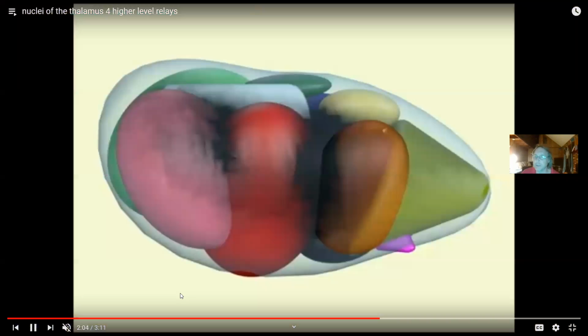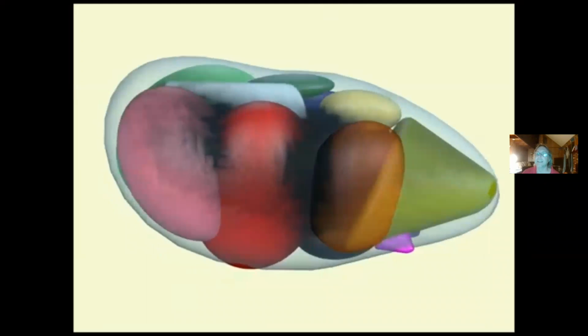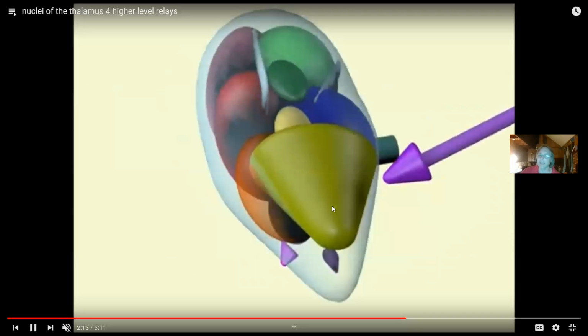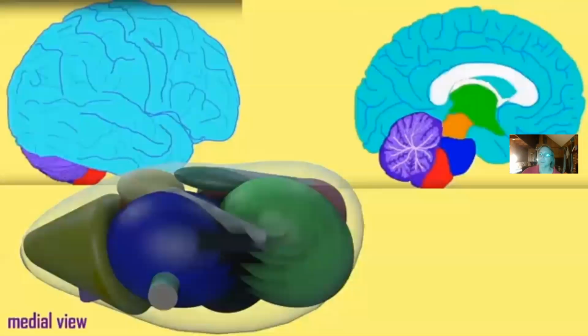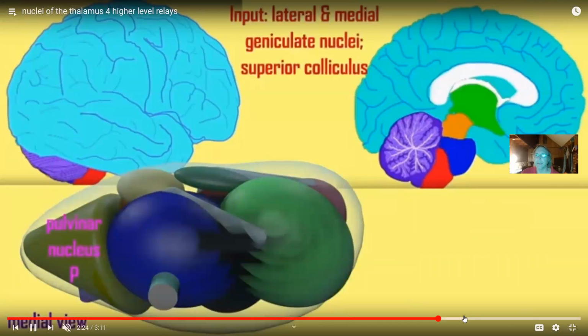The largest nucleus of the thalamus, at least in primates, including humans, is what's known as the pulvinar nucleus. It is the most posterior of the thalamic nuclei. So you could identify it, say over the midbrain sections, as pulvinar nucleus here.